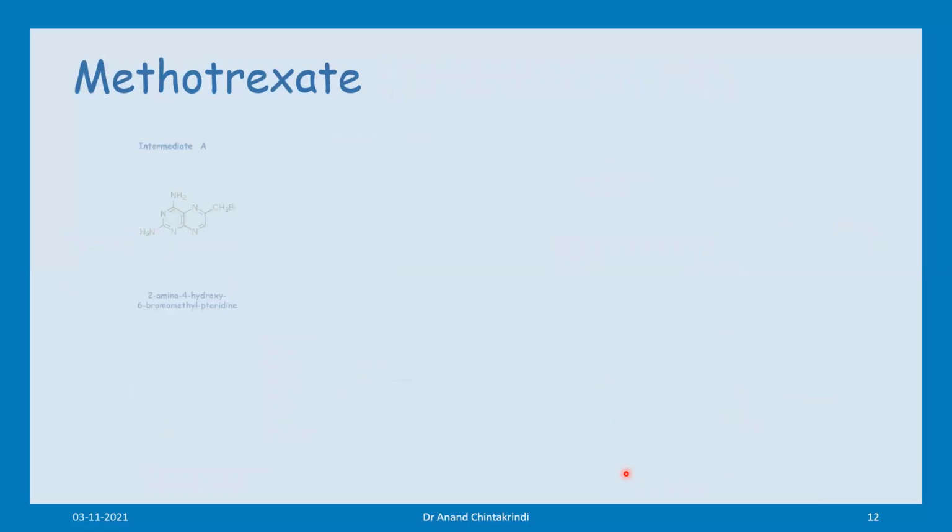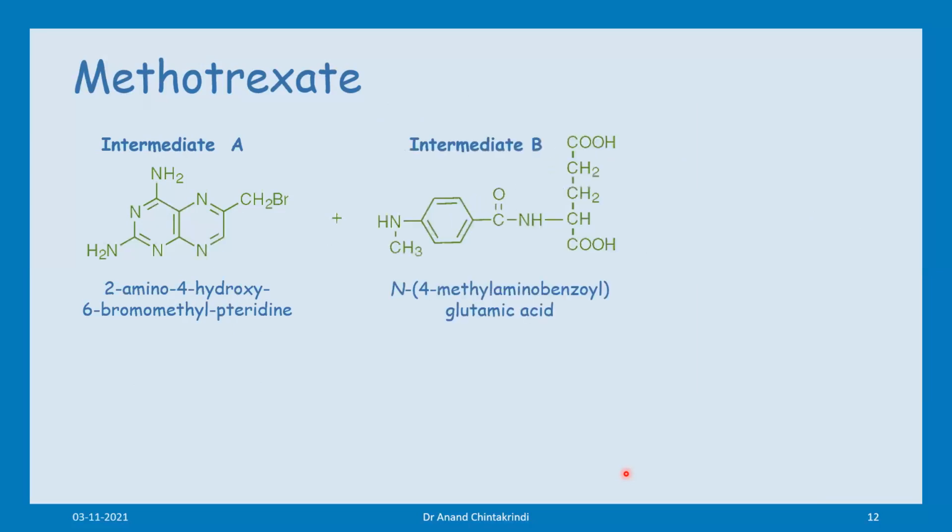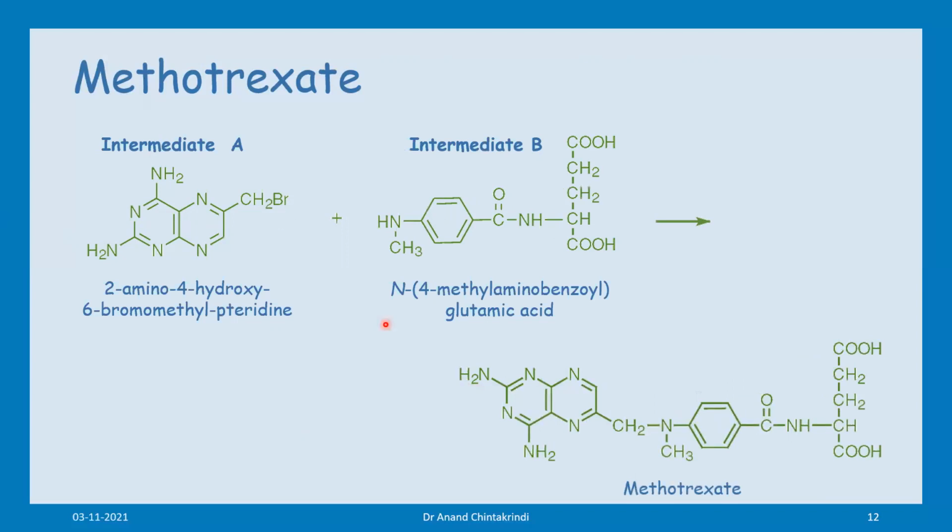So when you combine intermediate A, a pteridine derivative, and intermediate B, a glutamic acid derivative, you get the formation of methotrexate. It is a simple elimination of HBr. You can call this N-alkylation of this glutamic acid derivative.